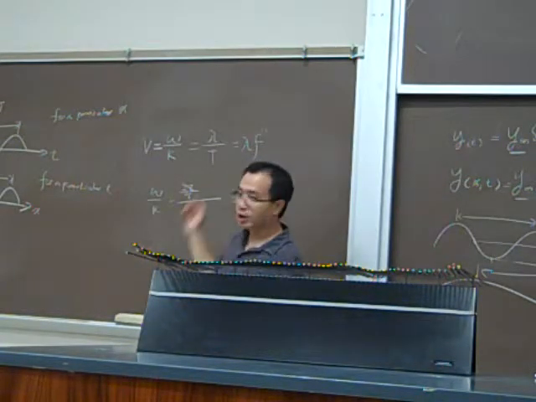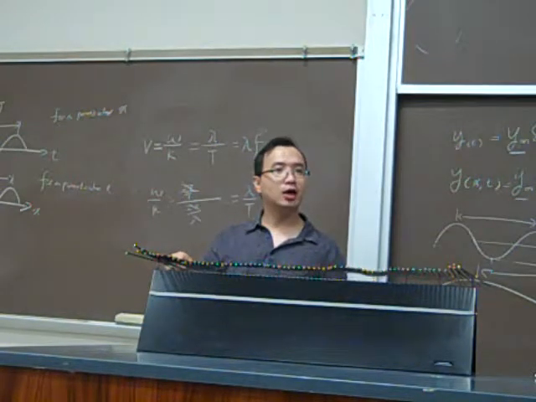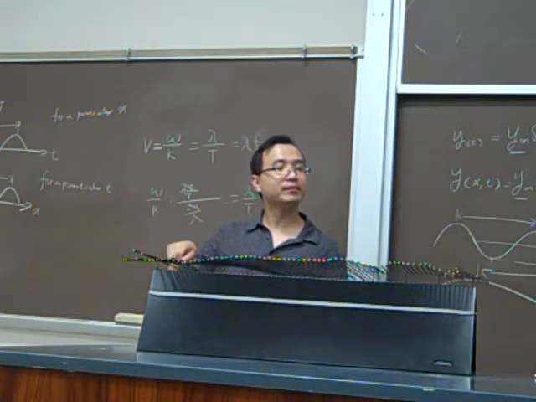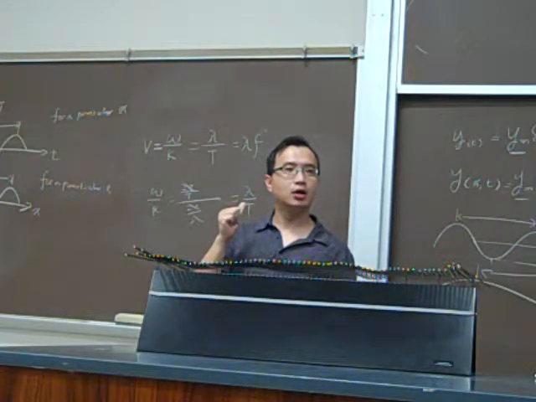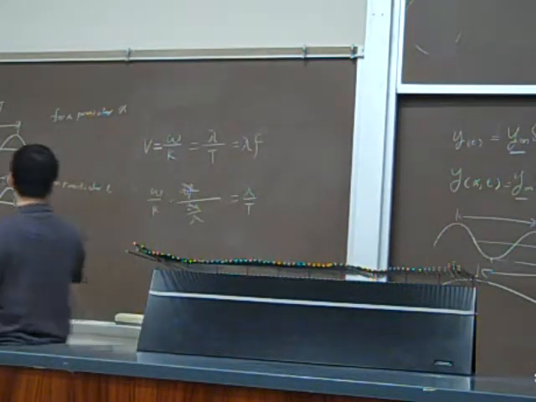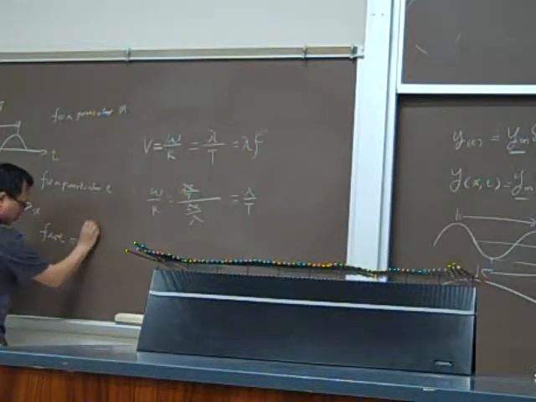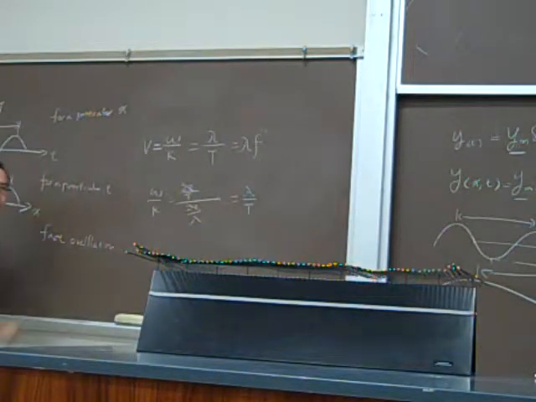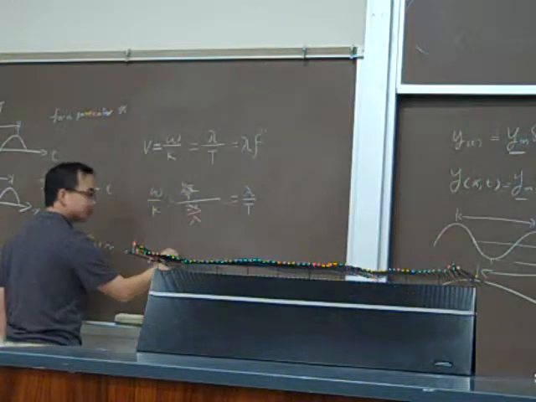Let's check if that makes sense. If I try to make a fast oscillation, fast oscillation means large omega.